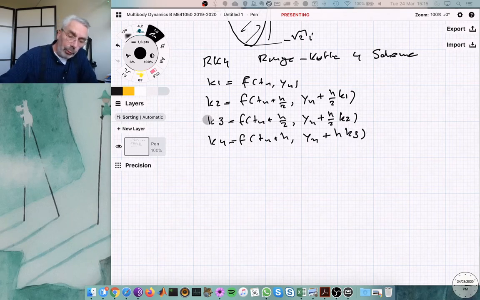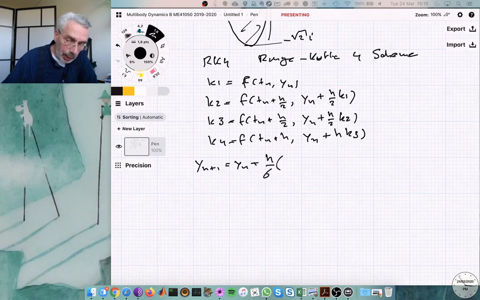Now with these 4 slope values I can now approximate what my new solution is. And my new solution is h over 6 times, and then I take k1, I take 2 times k2, I take 2 times k3, and I take k4.